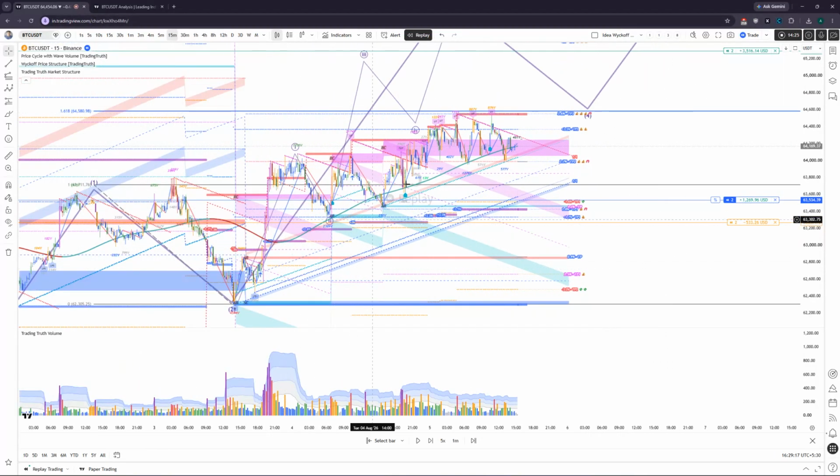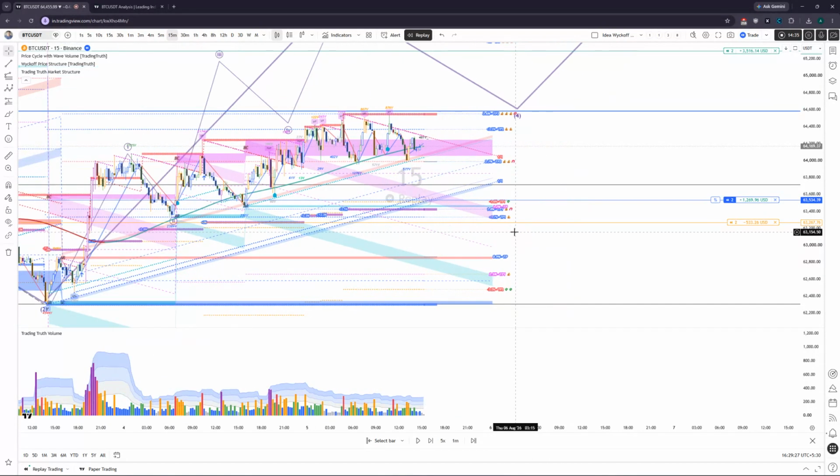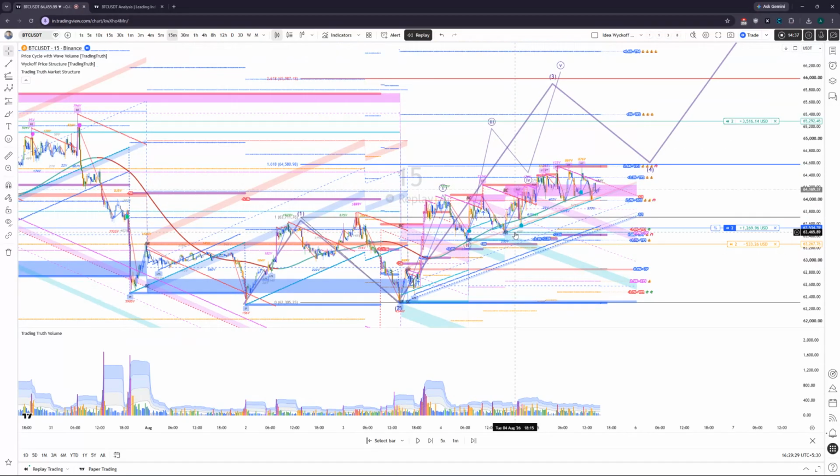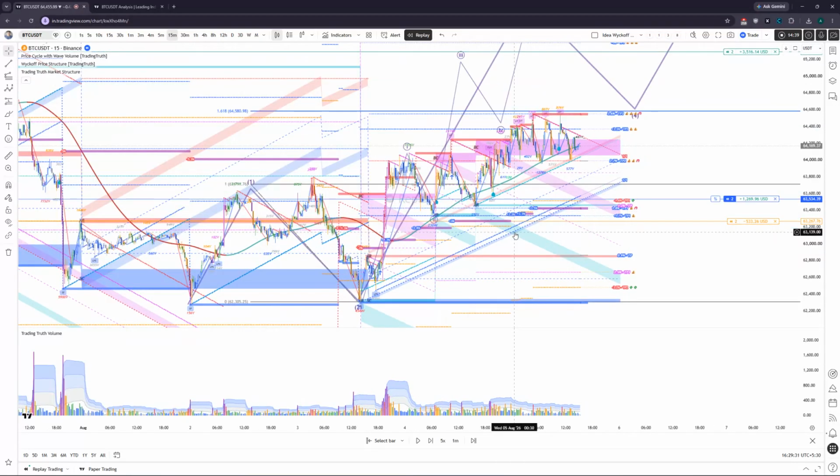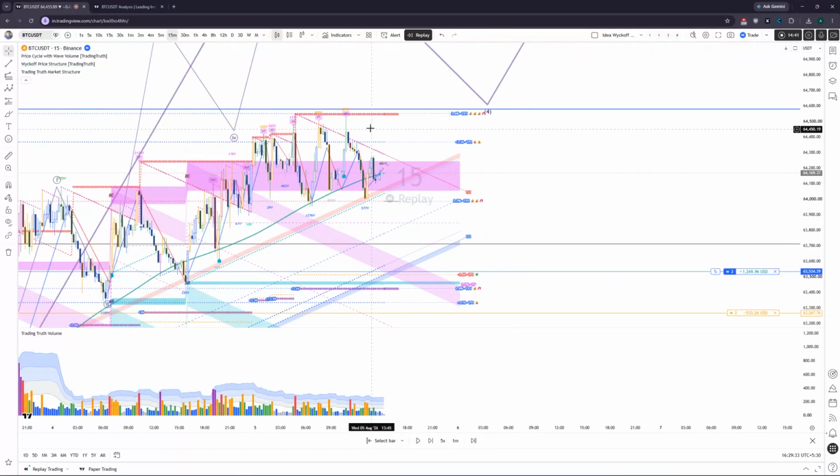Well, on 15 minutes we were just going up very slowly. Need to overcome this resistance in order to go much further.